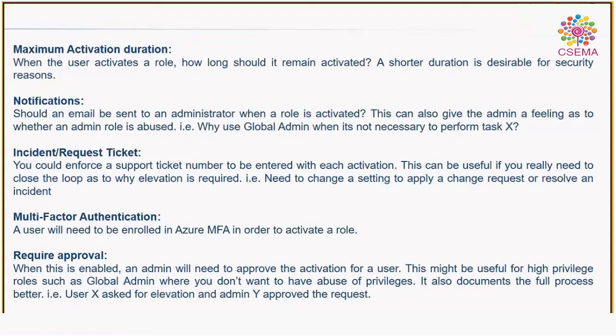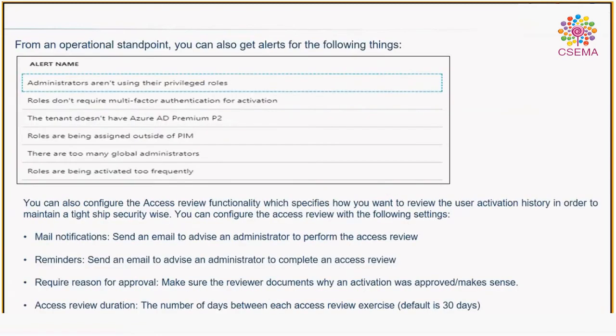Okay, so from an operations standpoint, we have implemented PIM and all, but there are certain needs the operations team would have when they have to manage the operation. Their focus will mainly be on the reports and day-to-day administration. They would need alerts to manage it.